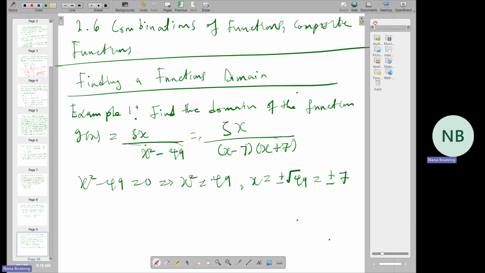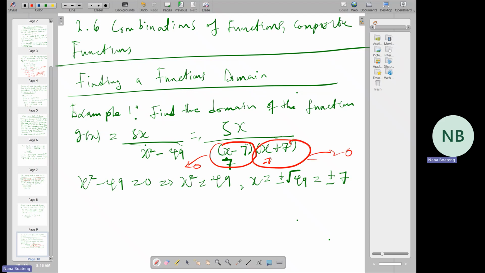And if x is equal to 7 or negative 7, then this part of the denominator will evaluate to 0. If x is 7, this part will evaluate to 0, and if x is negative 7, this part will evaluate to 0.